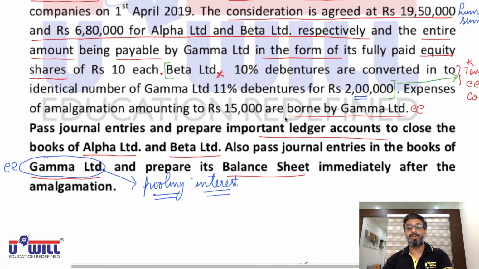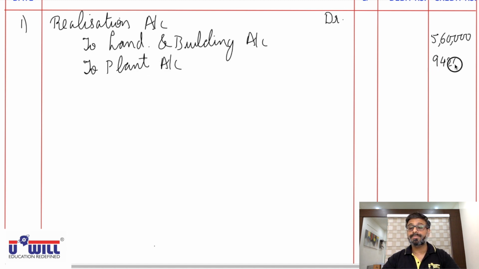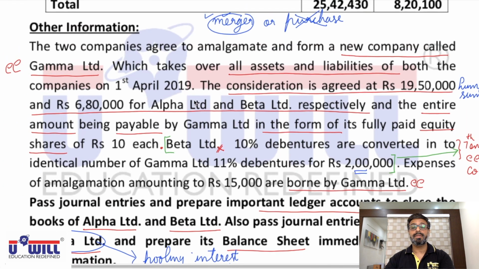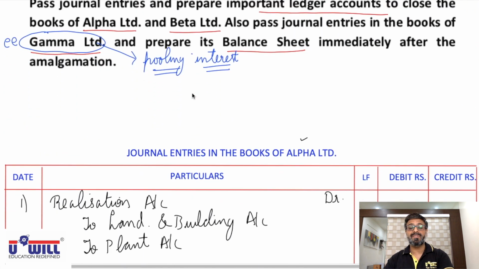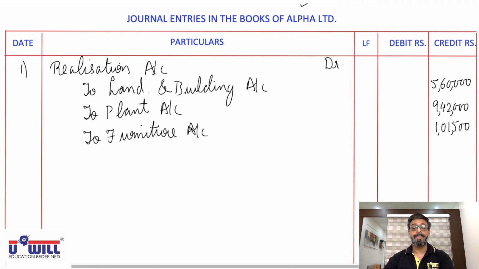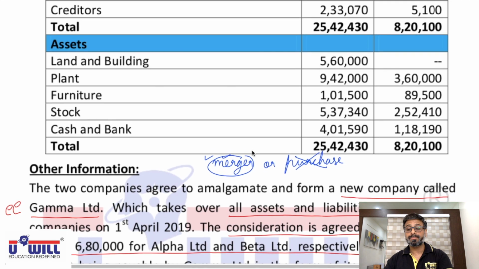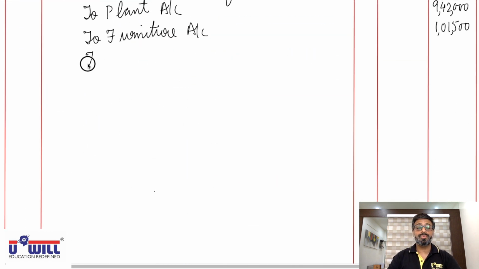To plant account 9,42,000. Then to furniture account 1,01,500. To stock account 5,37,340.